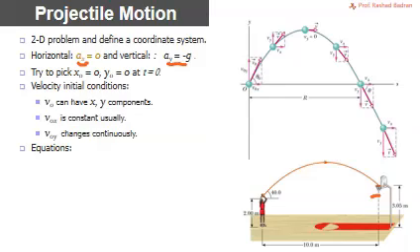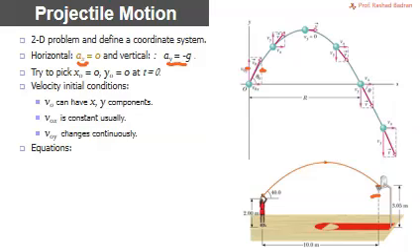V naught, the initial velocity, as you can see from here, has at the start of the motion two components. One along the x-axis, the one adjacent to the angle, is V naught multiplied by cosine theta, while the other one, which is opposite to the angle, V naught y, is V naught sine theta.